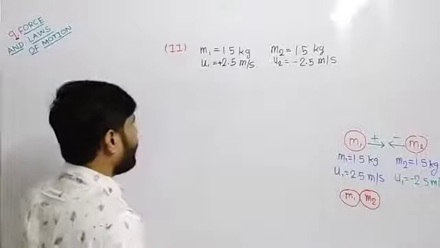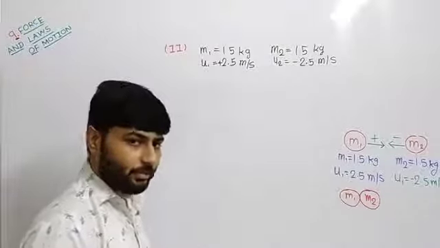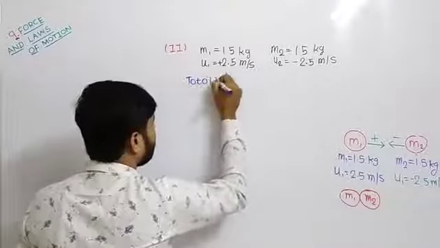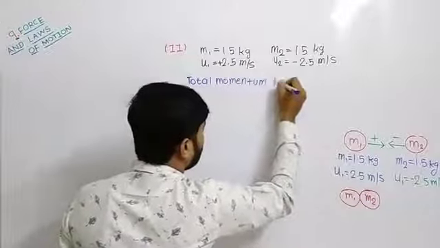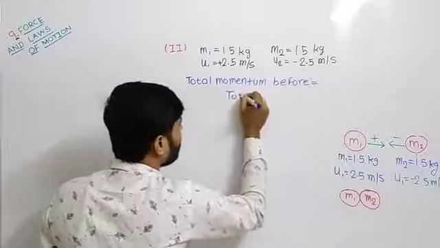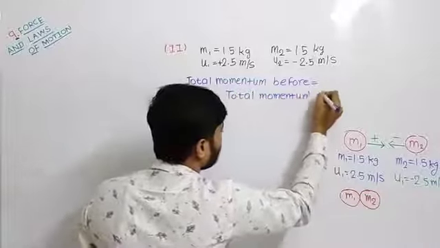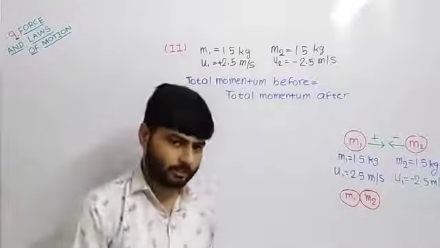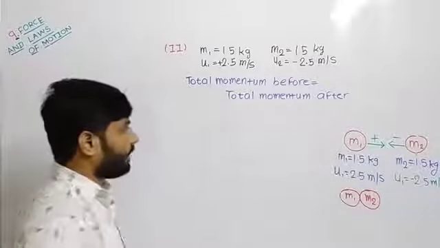So what we will do, we will apply the law of conservation of momentum, that is, total momentum before is equal to total momentum after. Before and after what? Before and after collision.